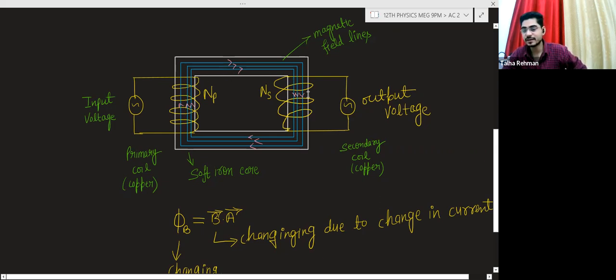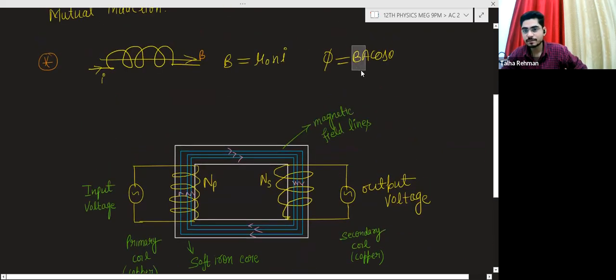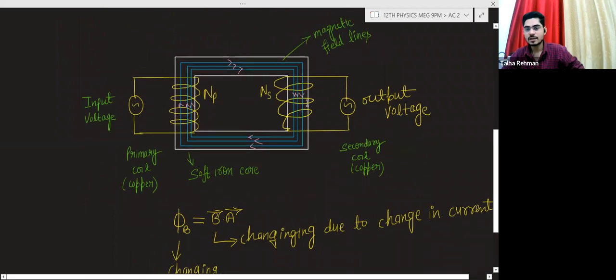What happens when the magnetic field changes? If the magnetic field changes, then the magnetic flux linked with the coil will change. So finally you can say that the magnetic flux linked with the secondary coil is changing. Now the conclusion: current is changing in this coil, then magnetic flux in this coil is changing.